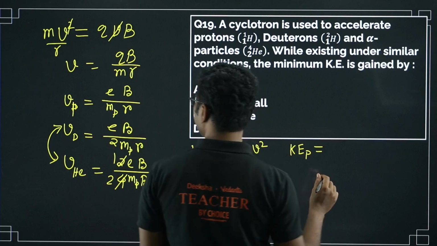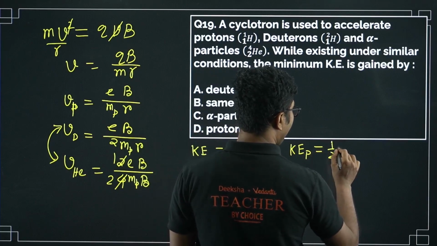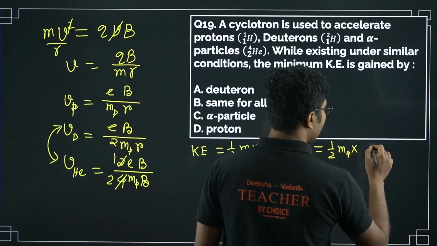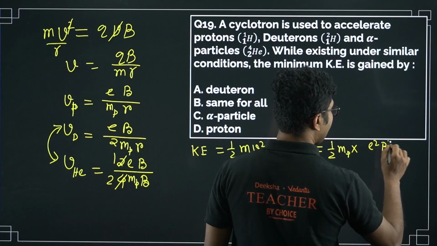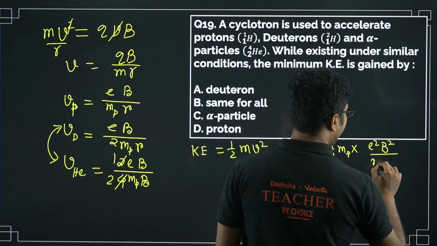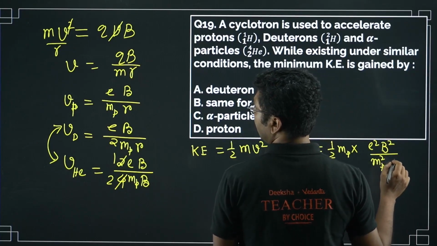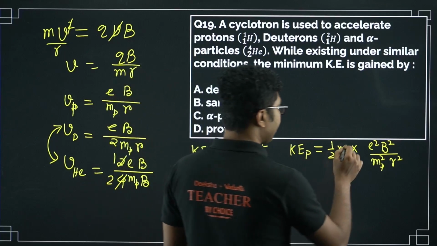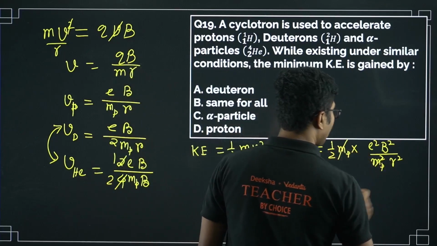Kinetic energy of proton is half mp into this whole square, so e square b square divided by mp square into r square.